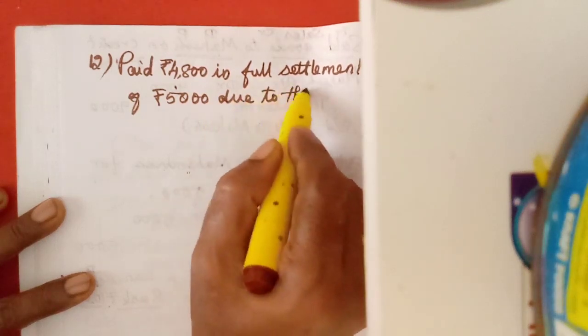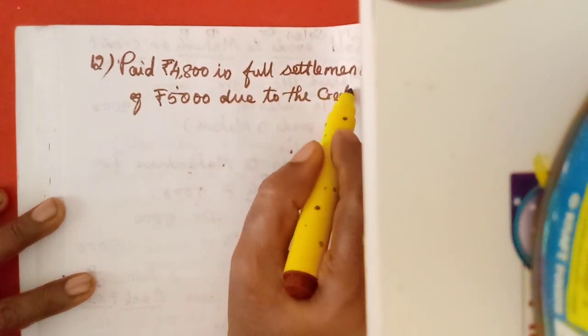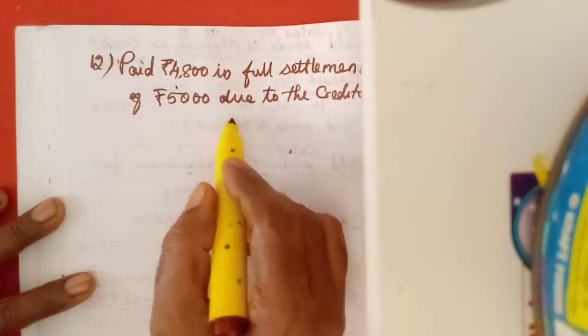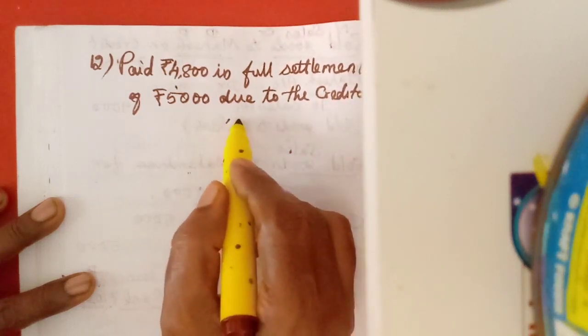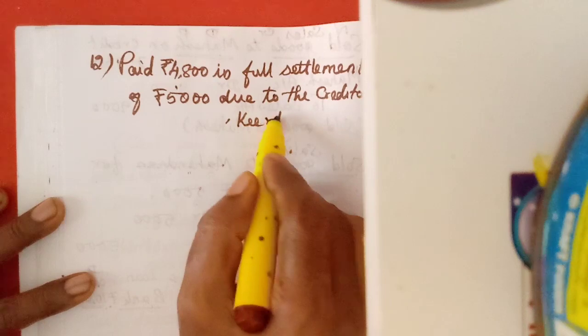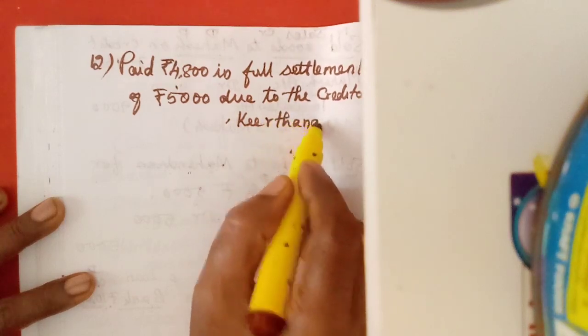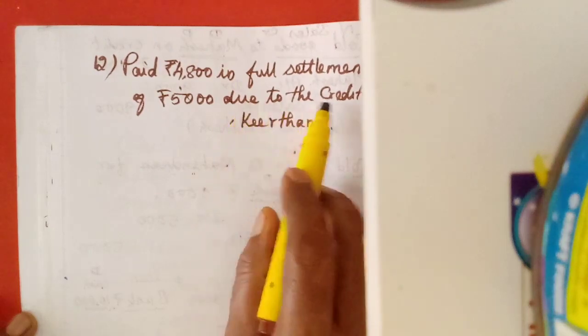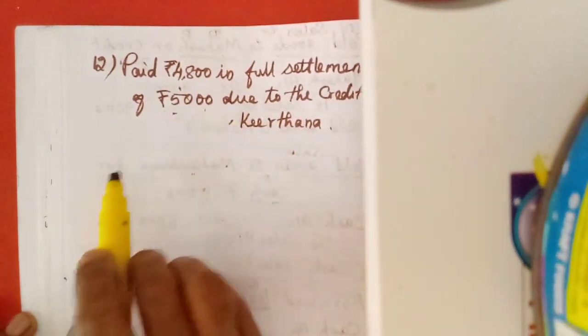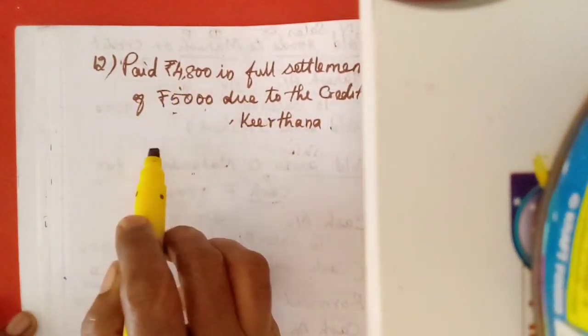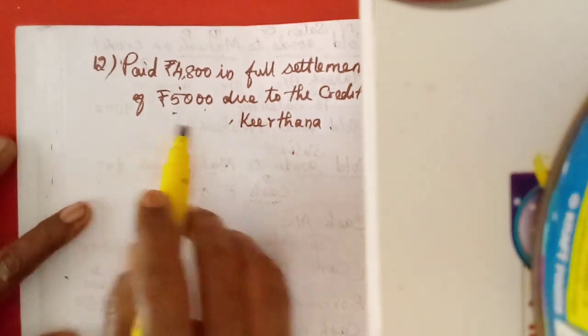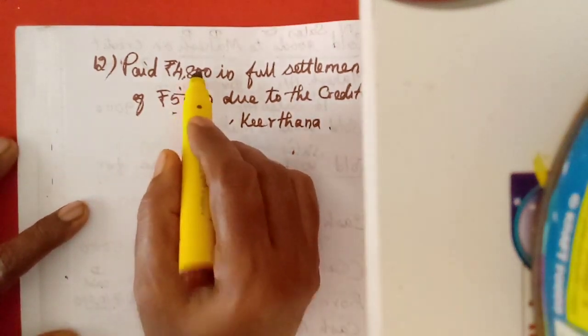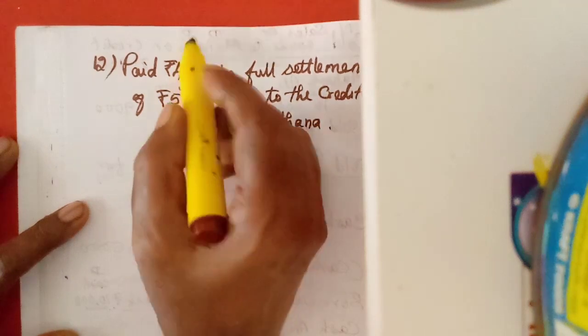First you have to understand the statement, the transaction. Okay, creditor Kirtana. So what is the meaning? We need to pay the creditor Kirtana 5,000. Now paid rupees 4,800. Instead of 5,000 we have paid 4,800.